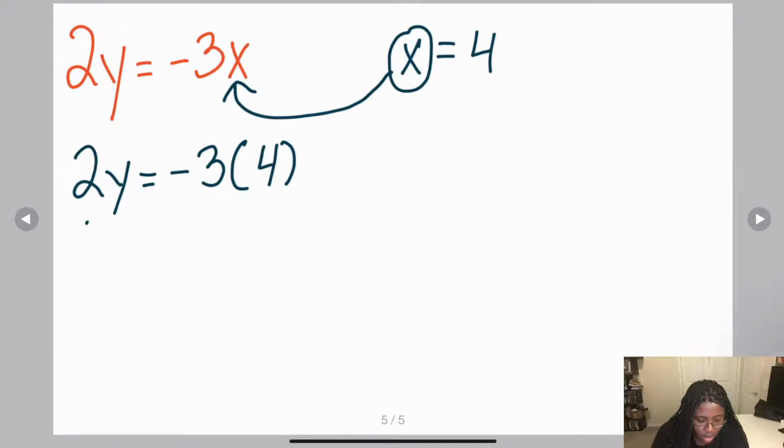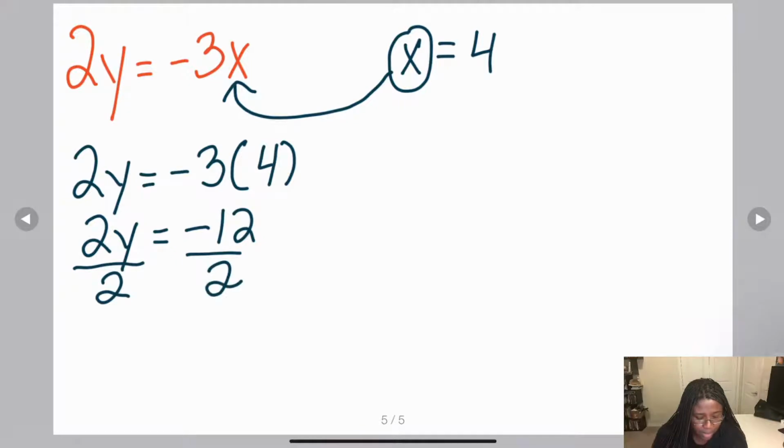And then 2y equals negative 12, because negative 3 times 4 is negative 12. And then we're going to divide both sides by 2. Again, undoing what is happening to y to get it by itself. So y will equal negative 6.